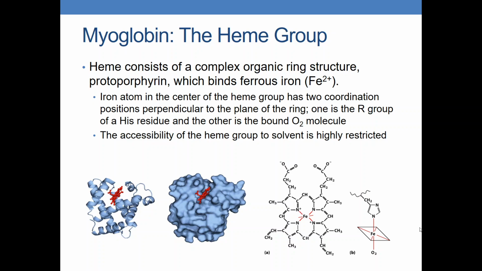Because if that iron were to transition to the iron 3 state, the iron could no longer adopt this preferred octahedral geometry and would therefore be unable to interact with oxygen. So it's important that the heme group be highly solvent inaccessible, so the access of solvent to it should be highly restricted. And it is a consequence of the overall 3-dimensional arrangement of myoglobin that allows for that restriction of solvent accessibility.